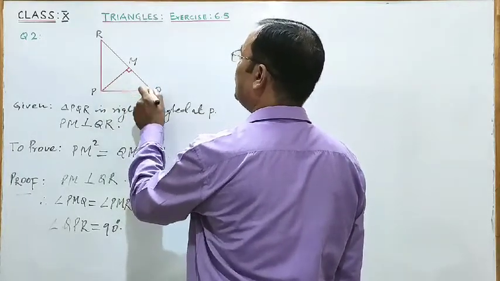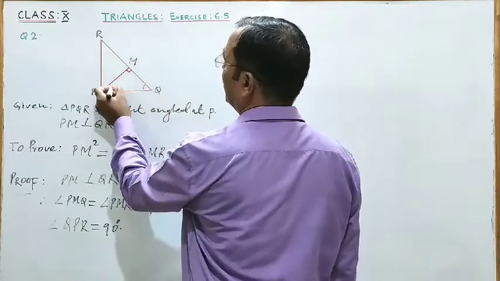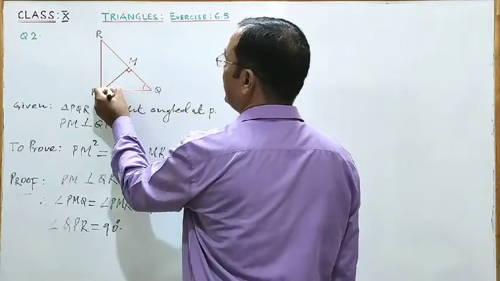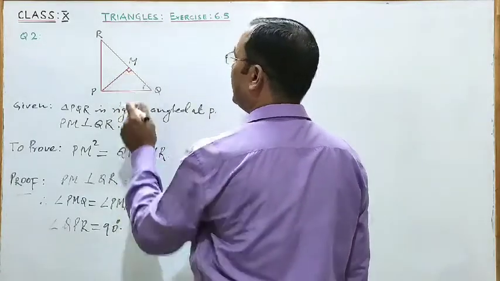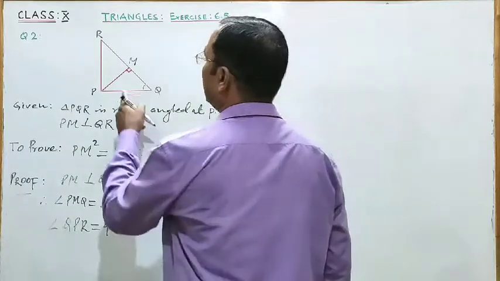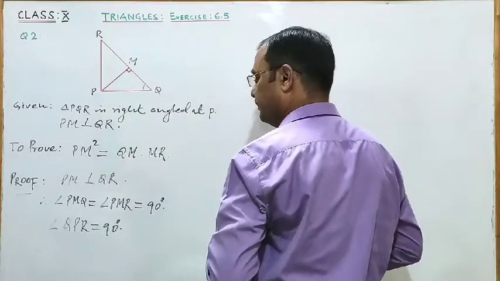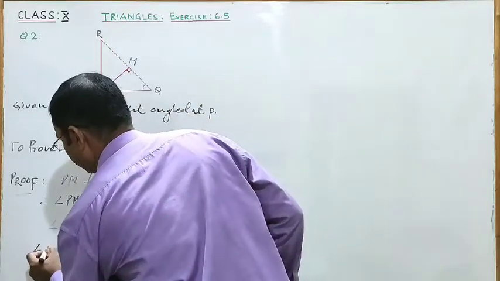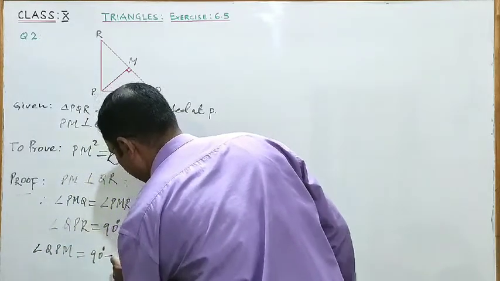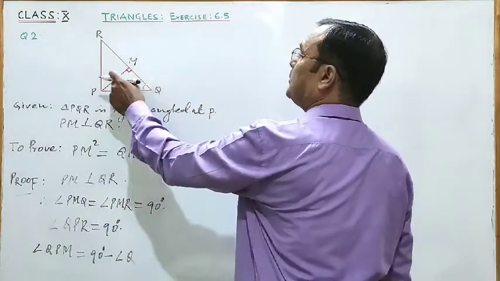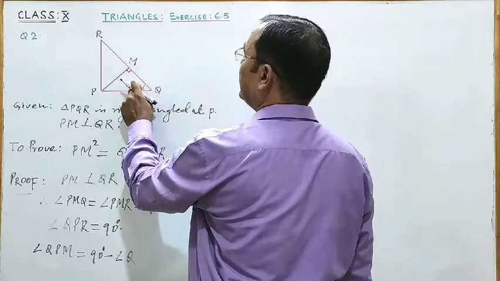In triangle PQM, this angle is angle Q and this angle is 90 degree. So this angle QPM will be equal to 90 degree minus Q. Angle QPM is equal to 90 degree minus angle Q, because PM is perpendicular to QR and triangle PQM is a right angle triangle.